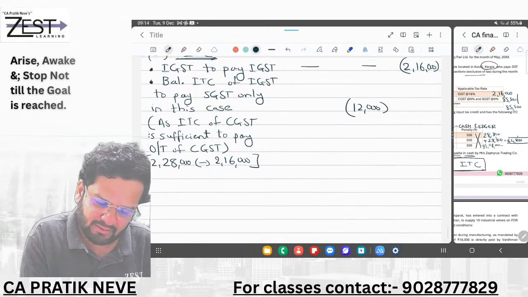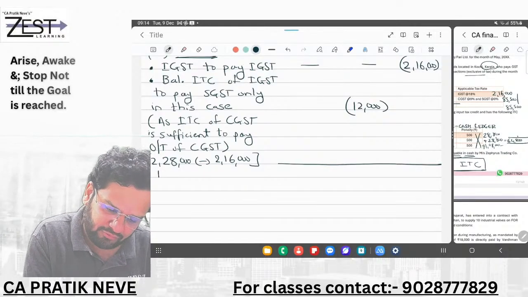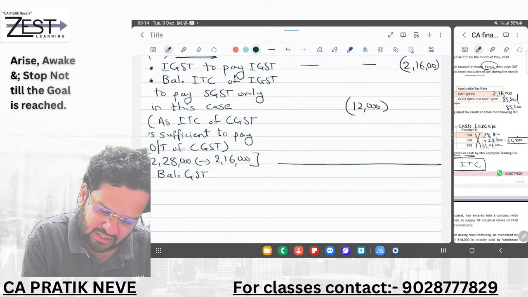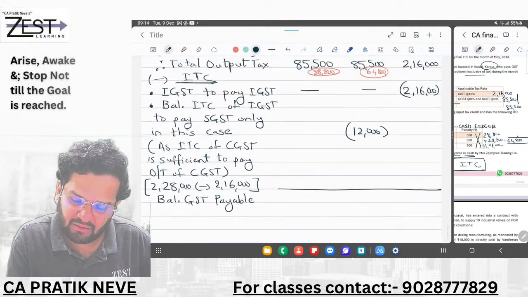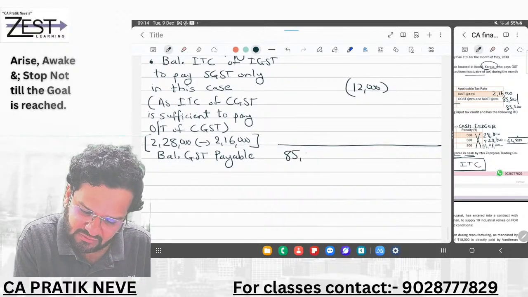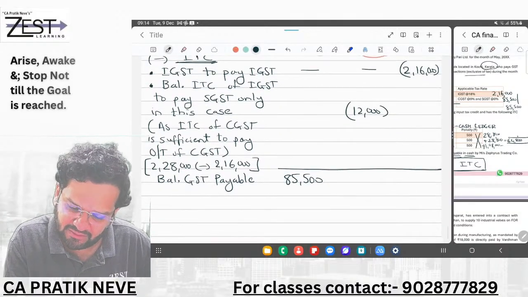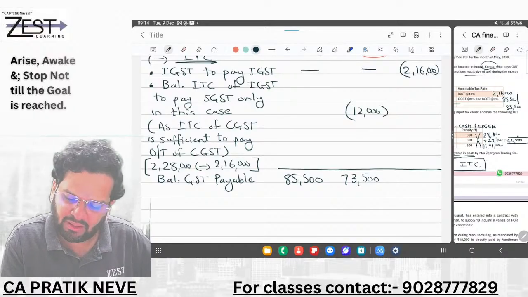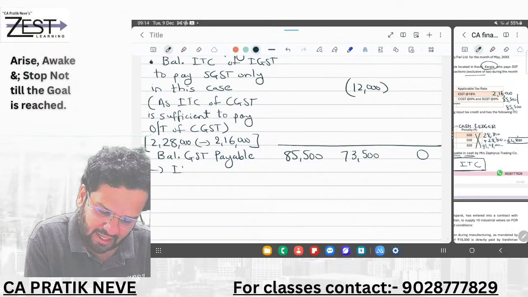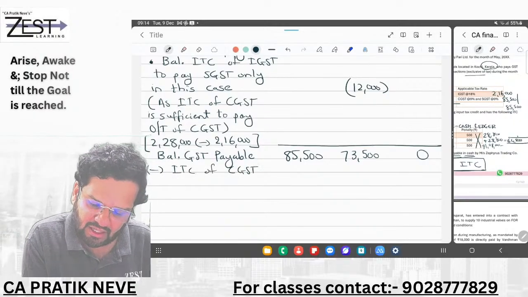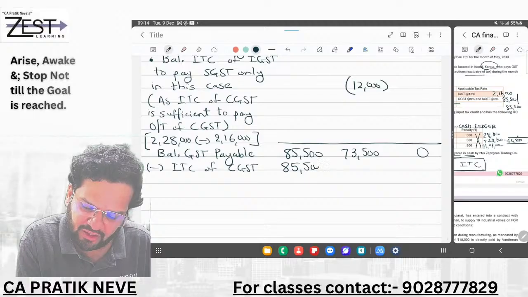Okay, and then after that your balance GST payable will be how much? Your balance GST payable will be 85,500, still remaining 85,500. Here 73,500, because you already paid 12,000, and here nil. Now you will do less ITC of CGST. ITC of CGST was 88,800, but you have to use only 85,500.